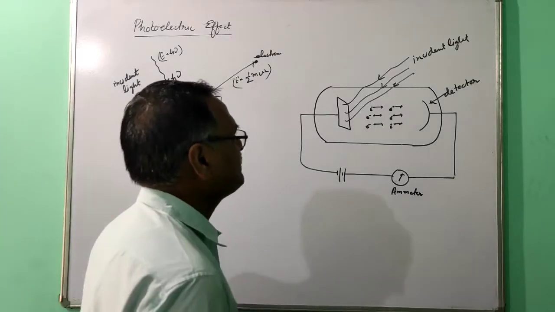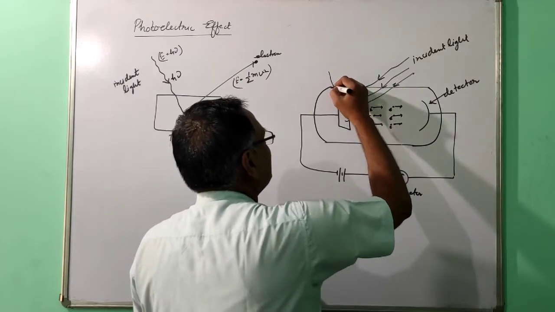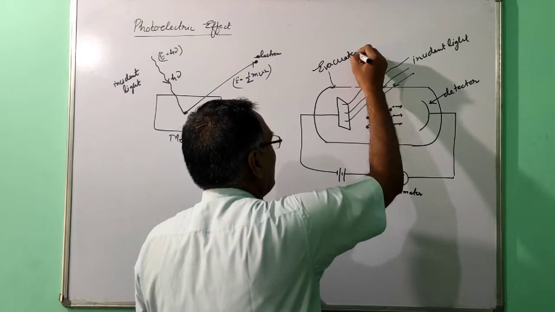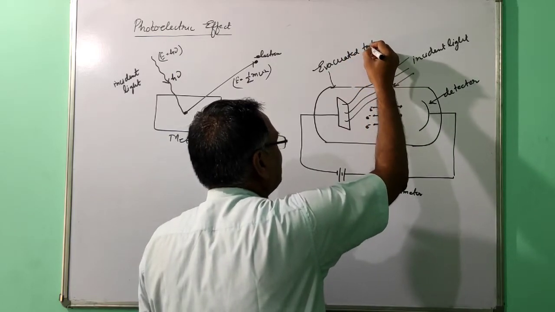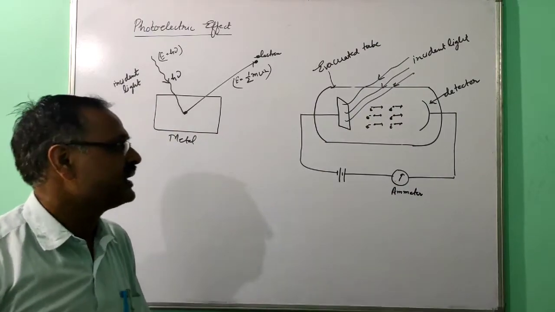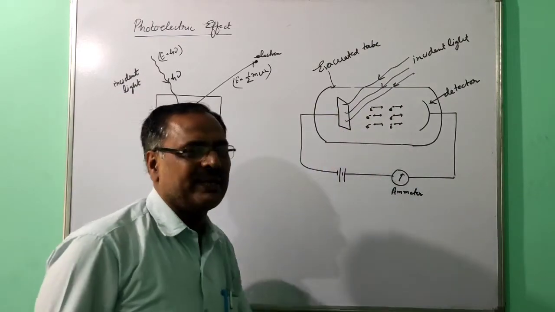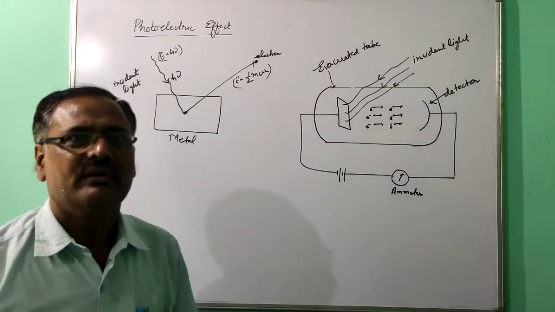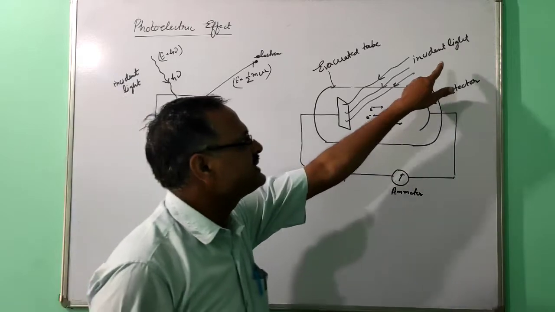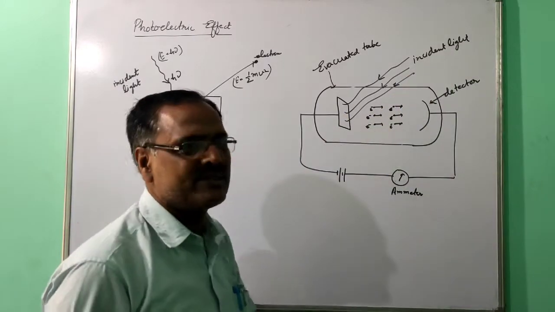Here one experiment is shown to you, an evacuated tube. This is an evacuated tube. It means vacuum is there, no gas is there. Here a metal is placed, usually potassium or cesium. Then the incident light falls on this metal.